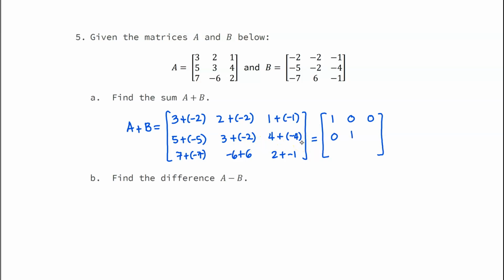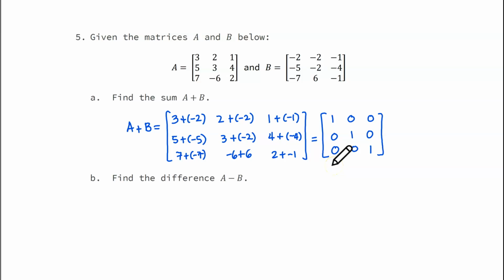So 0, 1, 0. So if you simplify this, you have 0, and this is also 0, and this is 1. So this is the sum of the two matrices. We have a special term for this matrix. This is actually an identity matrix.